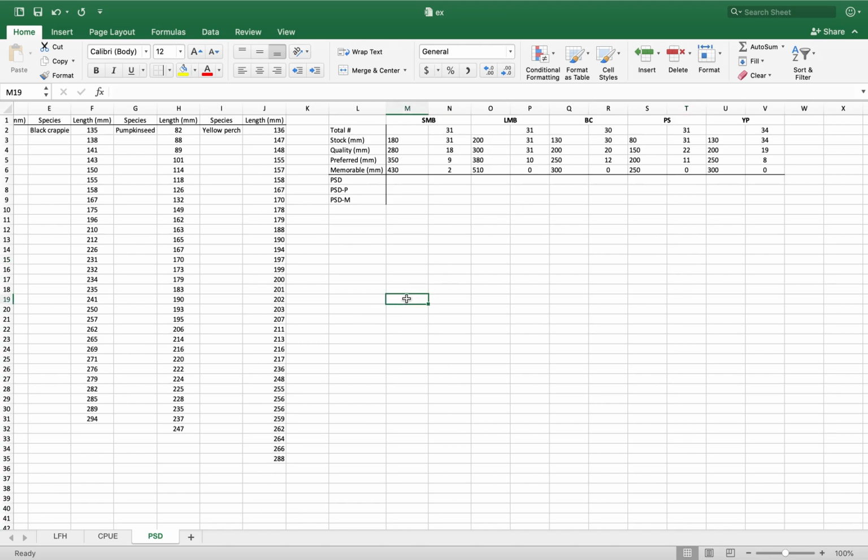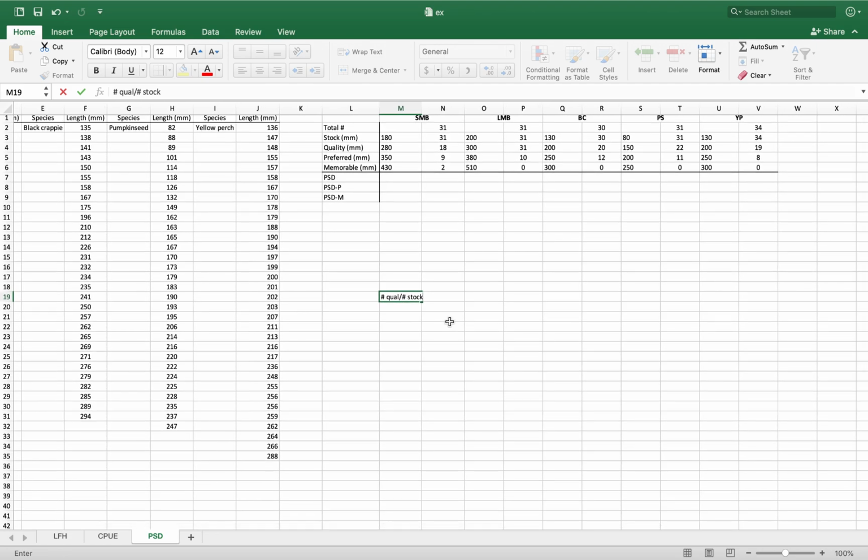So for normal PSD, it's going to be the number that is equal to or greater than quality size, divided by the number of fish that's equal to or greater than stock size.